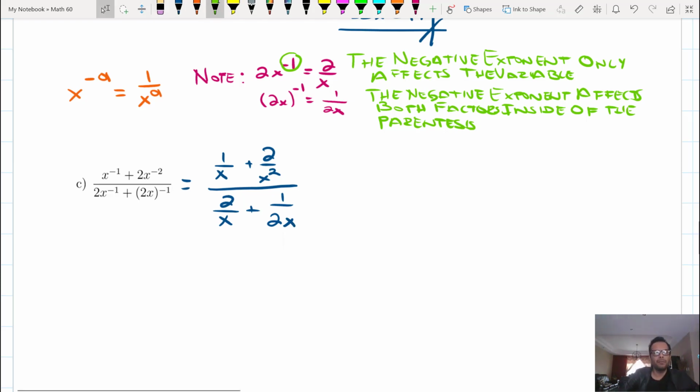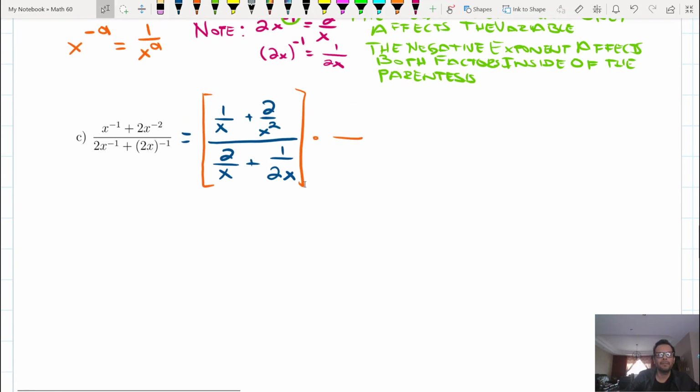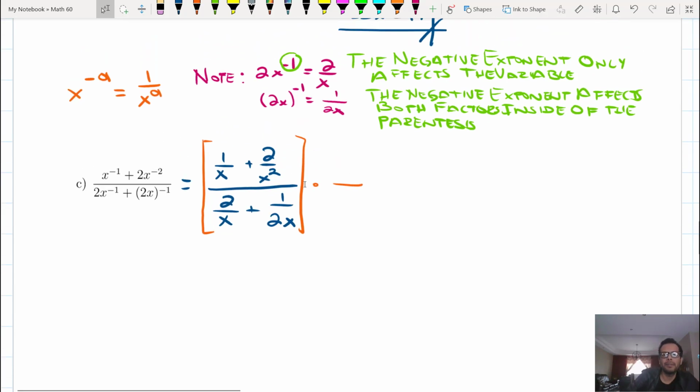All right, the next step will be to find what the LCD is. Let's multiply by whatever the LCD is here. The LCD will be the product of the different factors.